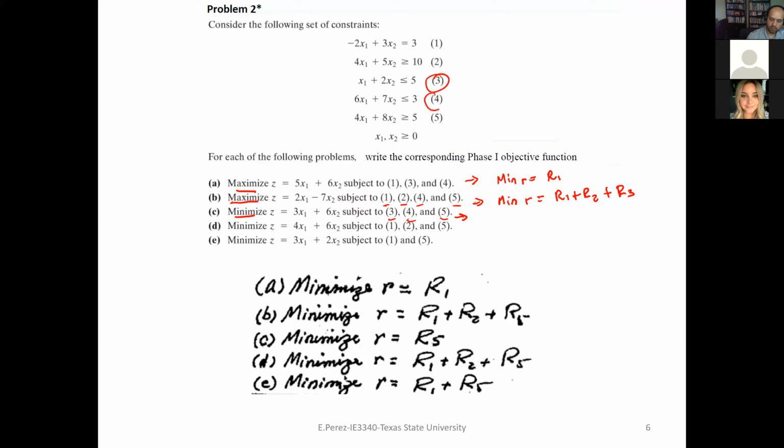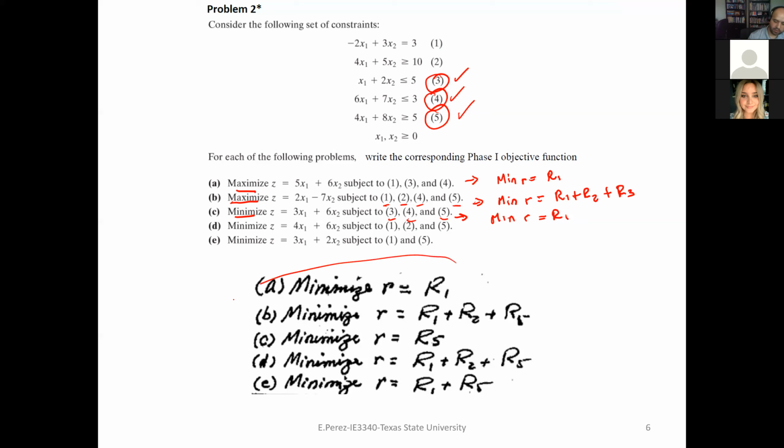So 3, 4, and 5. So we don't need an artificial variable here because we have a slack. We don't need an artificial variable here because we have a slack. But we do need an artificial variable here because this is a greater or equal to constraint. So the objective function for this problem is going to be just R.